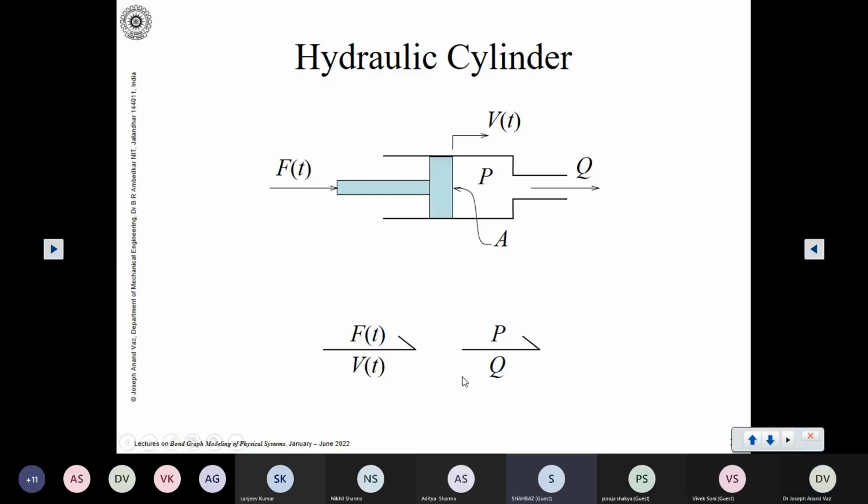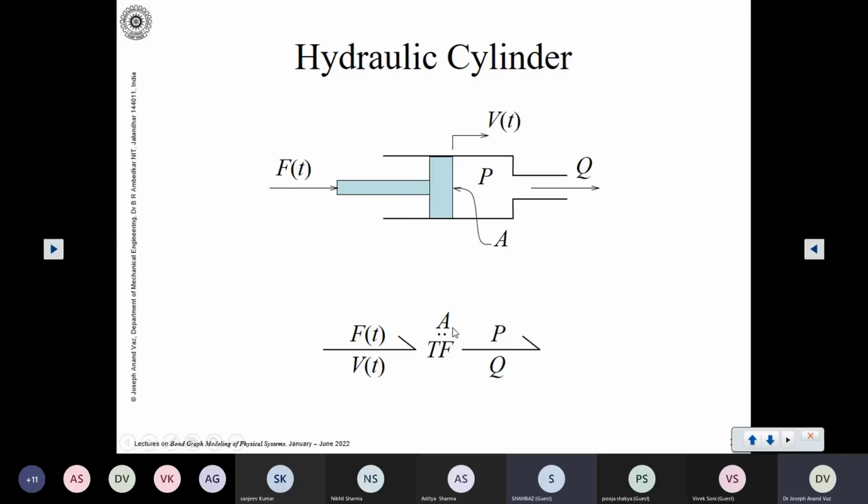You see, there is a relationship between Q and V, and between F and P. So you can use this transformer with modulus A. Now, what is the relationship?